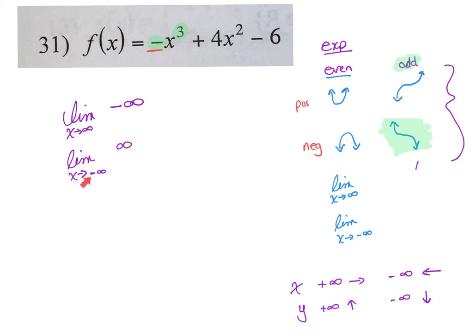As x was going to the left, y was going up. This is what you're telling me here. Your answer is this one right here. So it's going to equal that for that and that for that. That whole thing is your answer. You have to tell me, as x is going to the right, this is what y is doing. As x is going to the left, this is what y is doing.